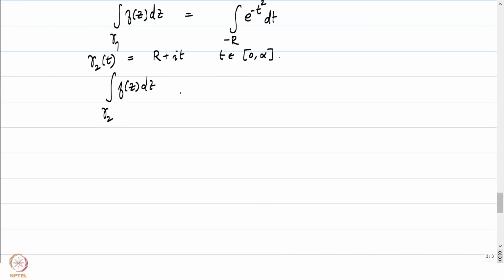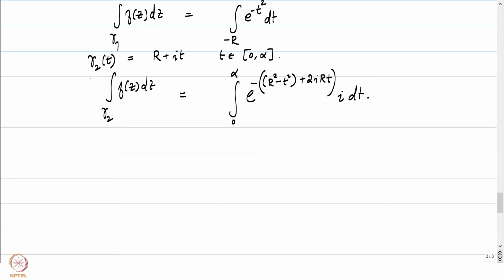So, f of z is e to the power minus z square, and that is going to be e to the power minus of r plus i t the whole square, which is going to be r square minus t square plus 2i r t, and then gamma prime of t is just going to be equal to i dt. This is what we will be getting for gamma 2.